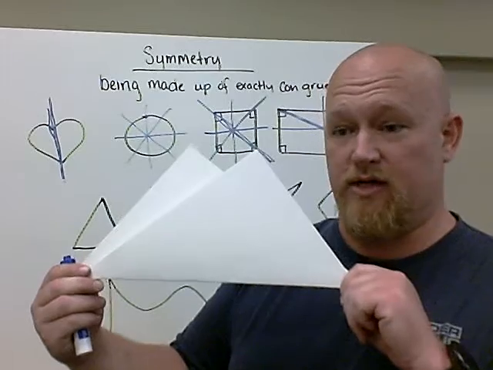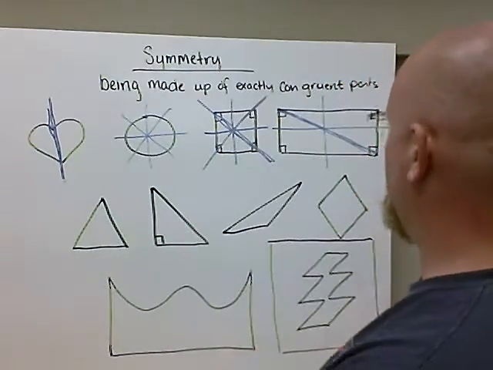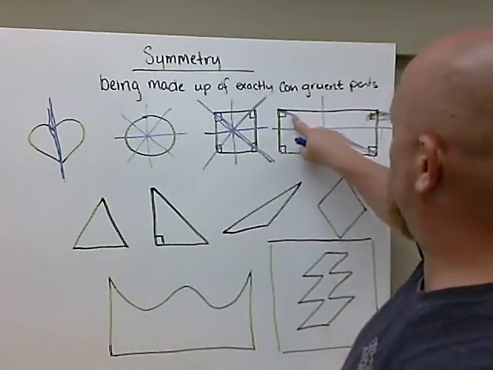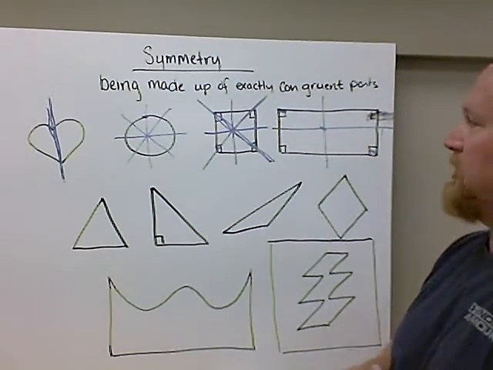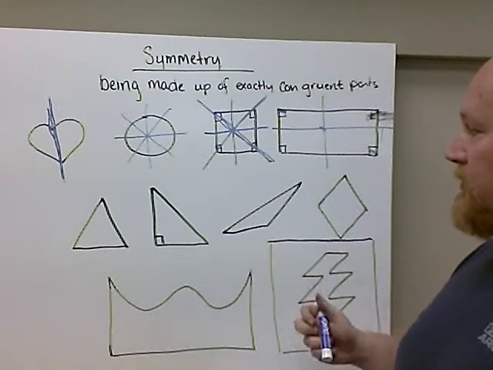That's not a line of symmetry. It's only a line of symmetry if it folds up perfectly. Rectangles only have 2 lines of symmetry when a square has 4.